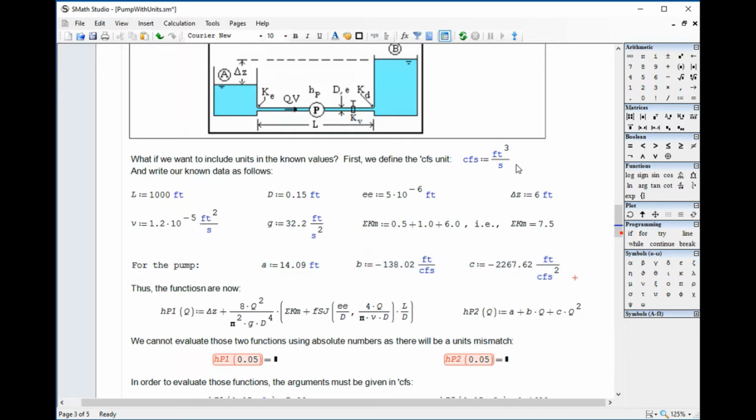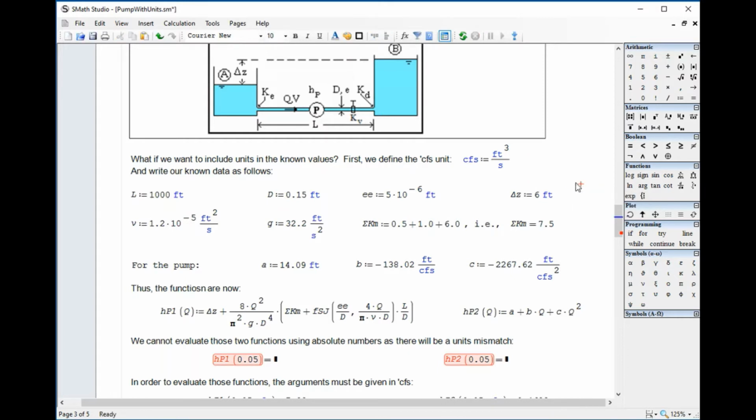Now we are using a unit that hasn't been defined before: cubic feet per second, CFS. What we did here was type quote CFS quote, colon, quote FT raised to the cube, space bar, divided by apostrophe S. And that way we have defined this unit called CFS, which means cubic feet per second.